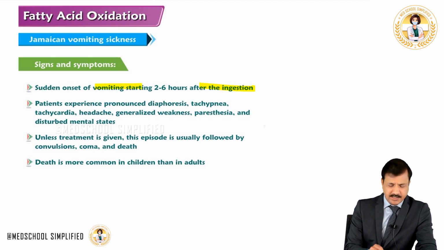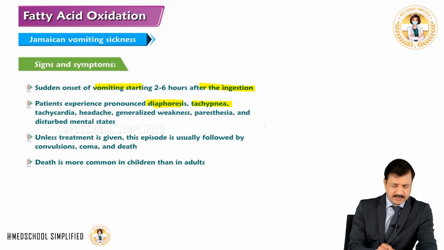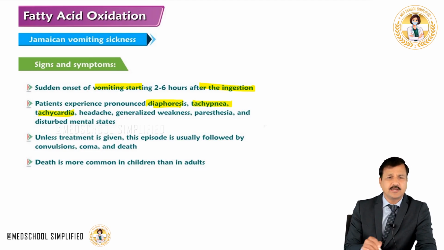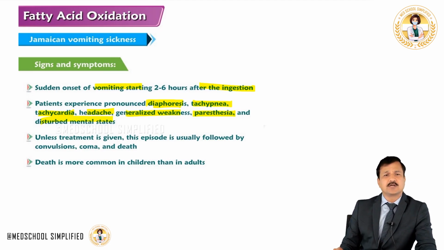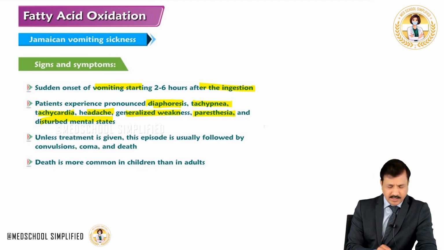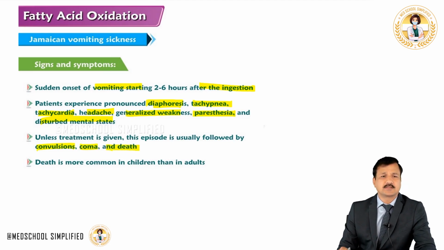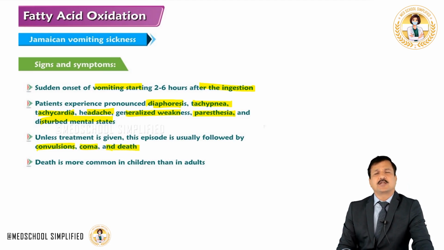The patient experiences pronounced diaphoresis, that is sweating, tachypnea, increase in respiratory rate, tachycardia, increase in heart rate, headache, generalized weakness, paresthesia, that is altered sensation, and disturbed mental status. Unless treatment is given, these episodes are followed by convulsions, coma, and it can lead to death.